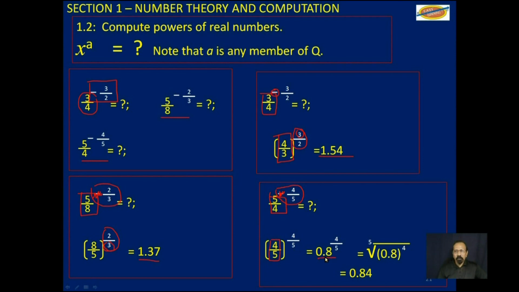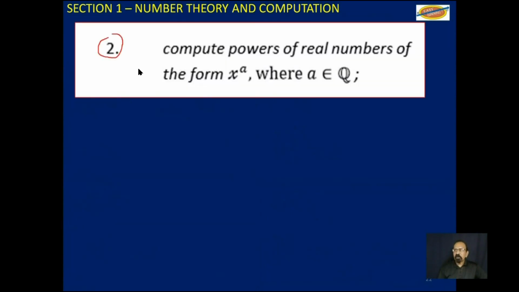Then you could either find the 4th power of 0.8, and the answer you get, you then find the 5th root of that, or you could go the other way around, find the 5th root of 0.8, and the answer you get, you then carry it to the 4th power. Either way, here, in this case, we are actually finding the 4th power first, and then the 5th root, and we get 0.84.